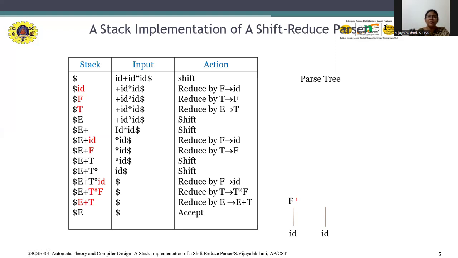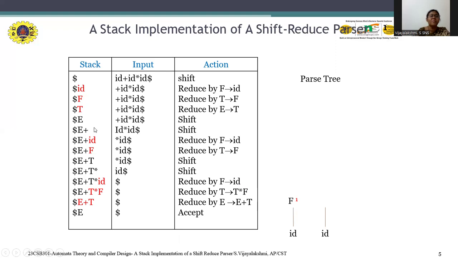Shift means move the next token onto the stack. Then it is reduced by F equals ID, and the input is plus ID star ID dollar. It is replaced using the production rule F equals ID. Whenever the top of the stack matches the right hand side of the rule, we replace it with the left hand side, so ID by F.